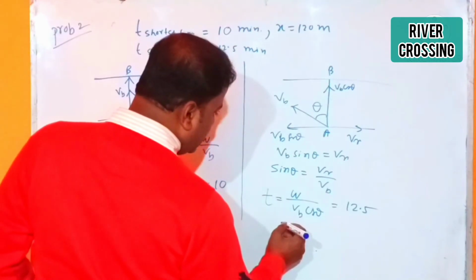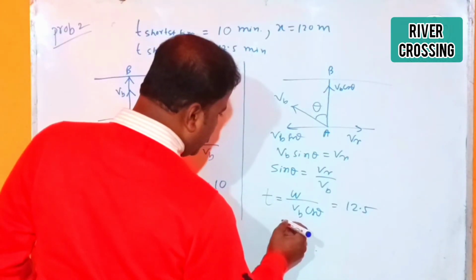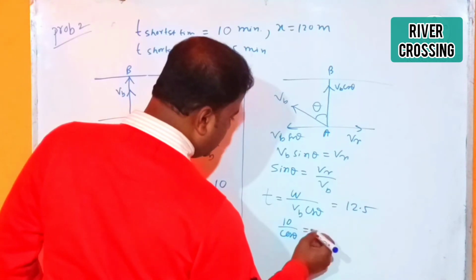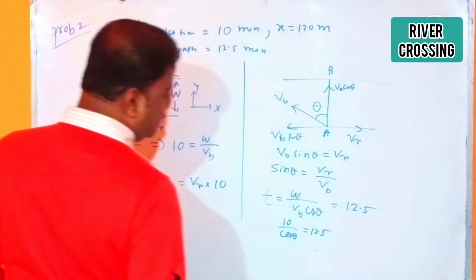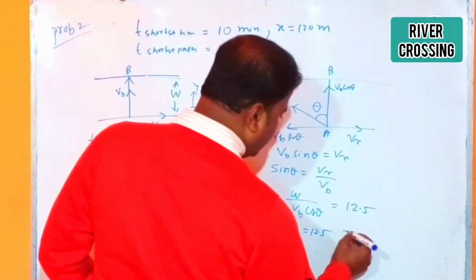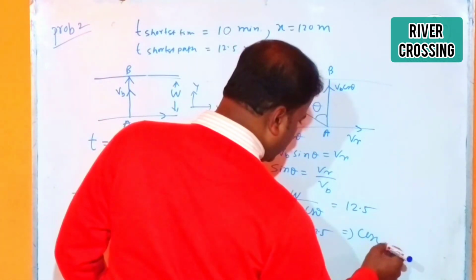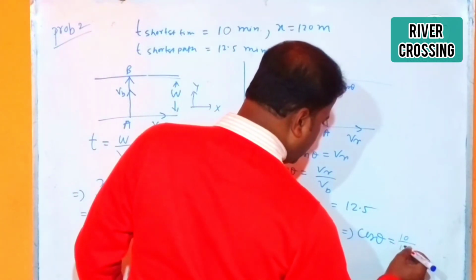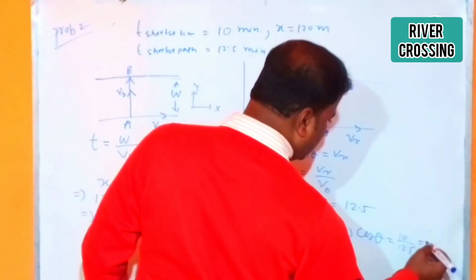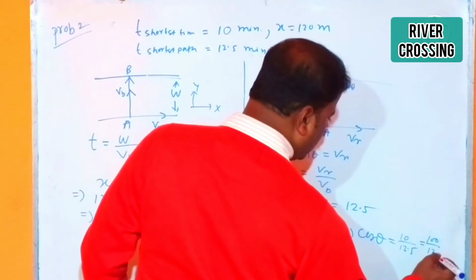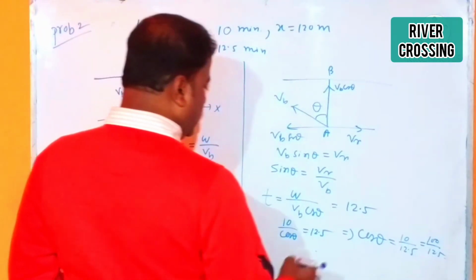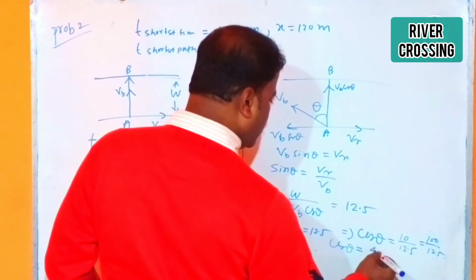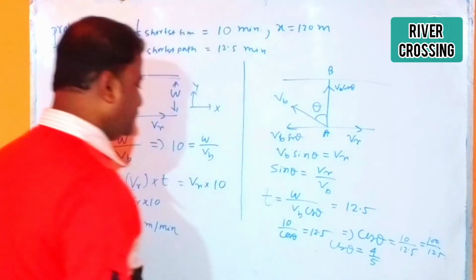Here we substitute W by VB, 10 by cos theta equal to 12.5, and we get cos theta equal to 10 by 12.5, that is 100 by 125, and this gives cos theta equal to 4 by 5.